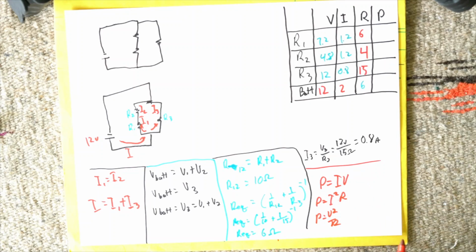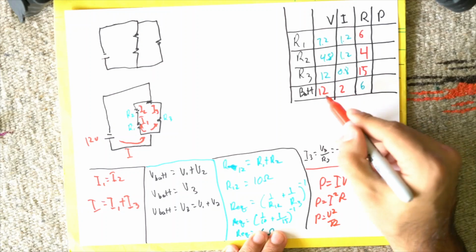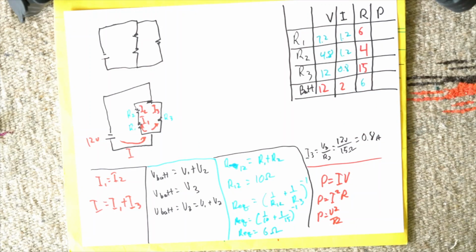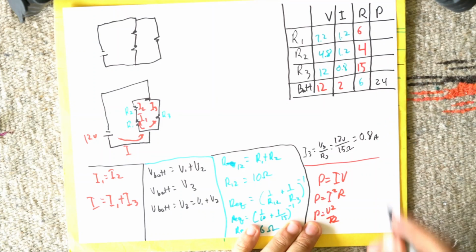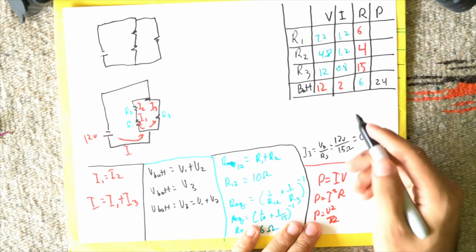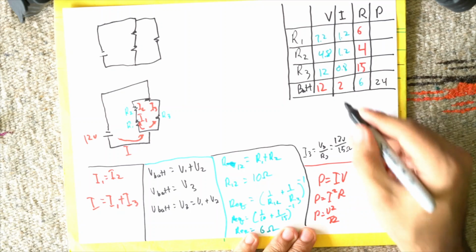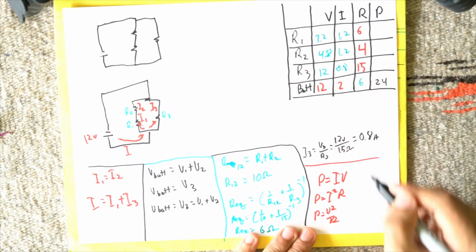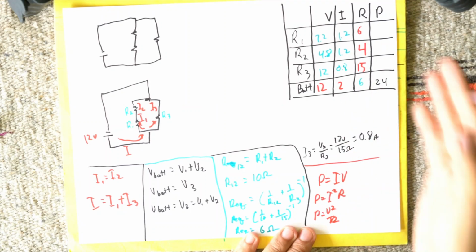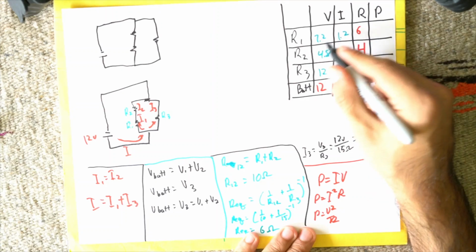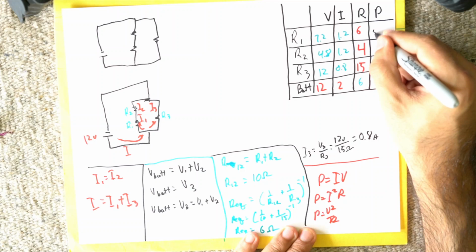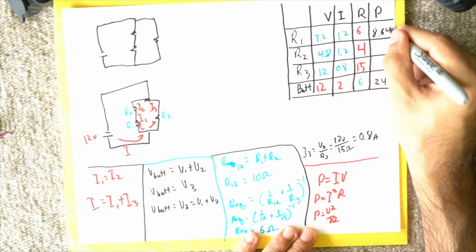Okay, if you do this first, this times this will be, here, let me write it in black. This will be 24. Plug this into your calc, and if you do it this way, 2 squared times R, 4 times 6, 24. You should do that yourself, but let me do these other ones. So R1, this times this, I already did in my calculator. That should be 8.64.